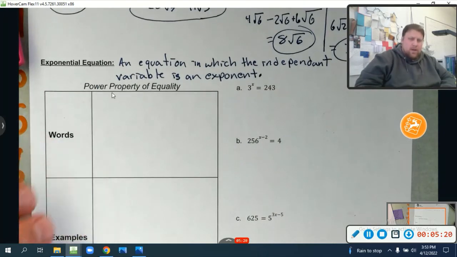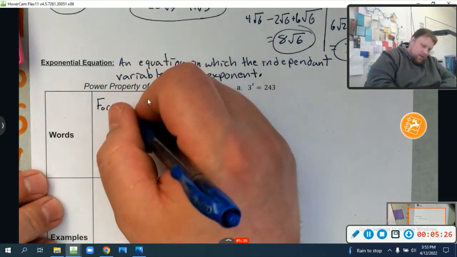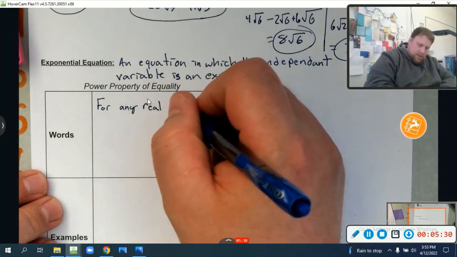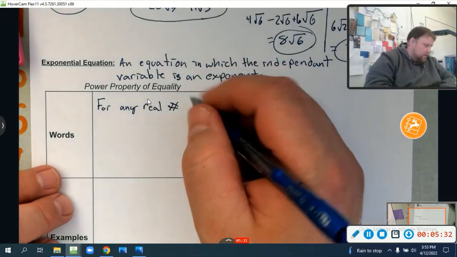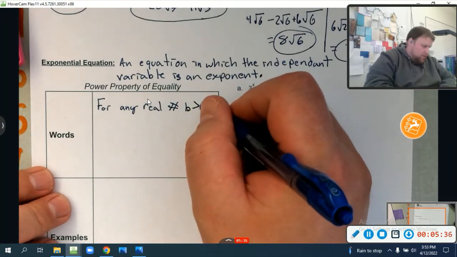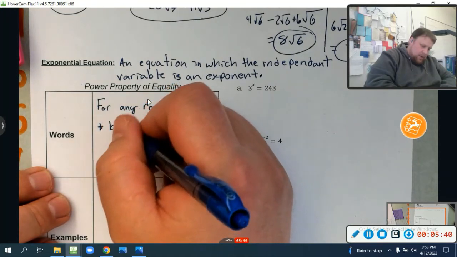And let's talk about the power property of equality. What is the power property of equality? Well, it says for any real number, I'm just going to put the pound or hashtag for number, that means number. For any real number, b is greater than 0, and b does not equal 1.